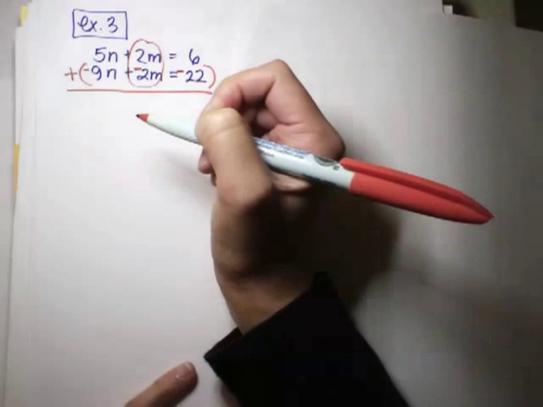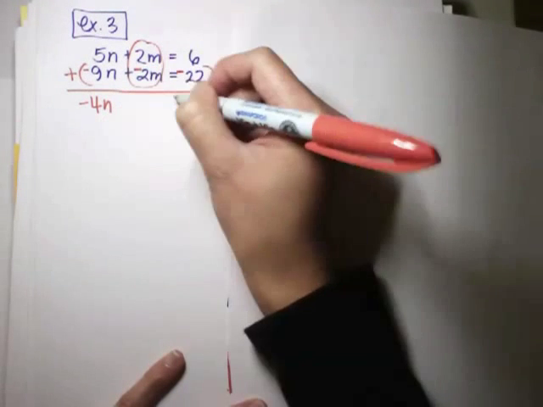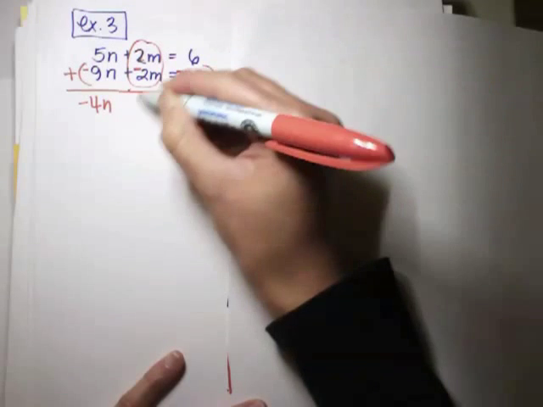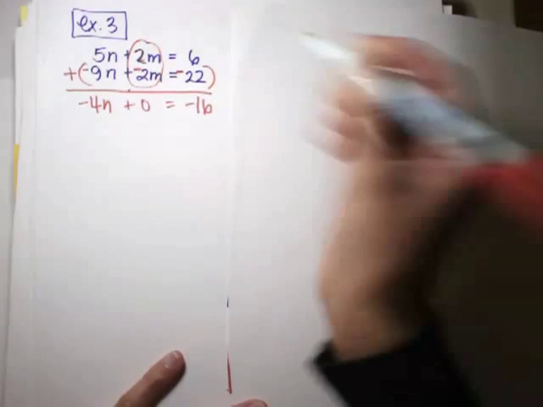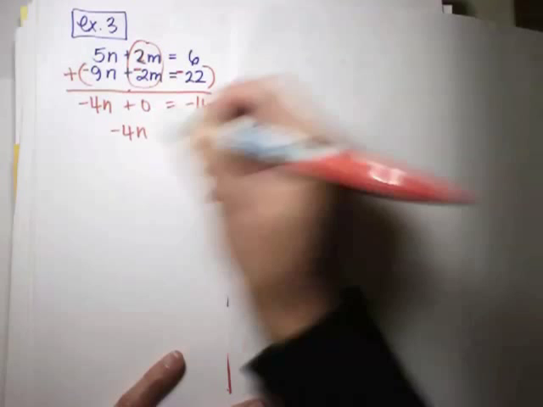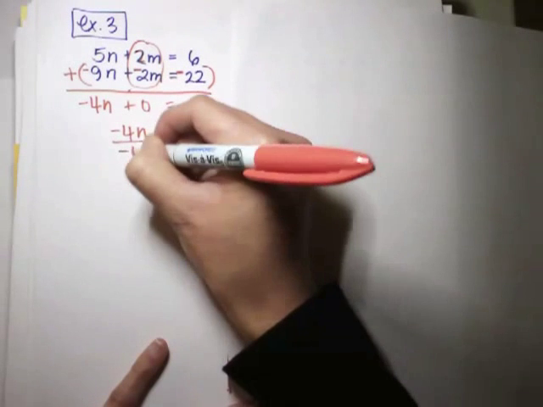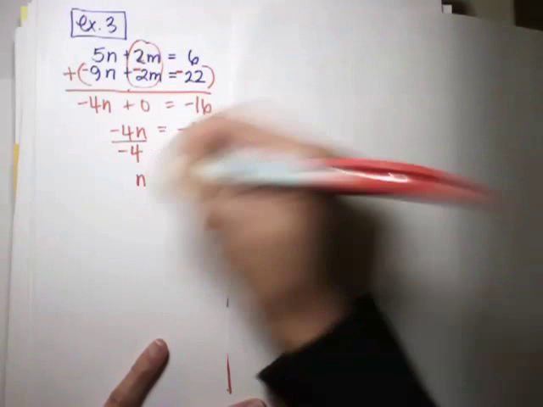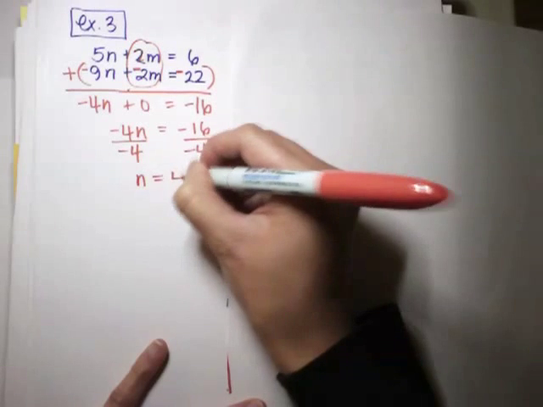5 plus negative 9n gives you negative 4n. 2m plus negative 2m will give you 0. And we have negative 16. Rewriting that, we divide by negative 4 on both sides, and we get n is equal to 4.